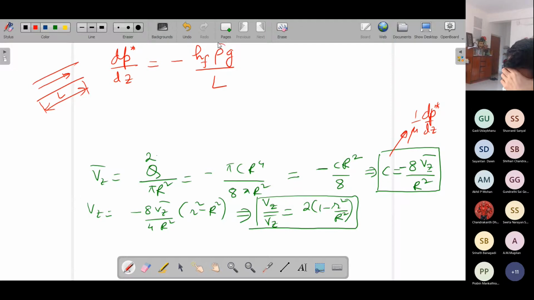I would simply write this first as delta P by L. You can write this as delta P by L because it is a constant, so it is just a linear P versus Z.